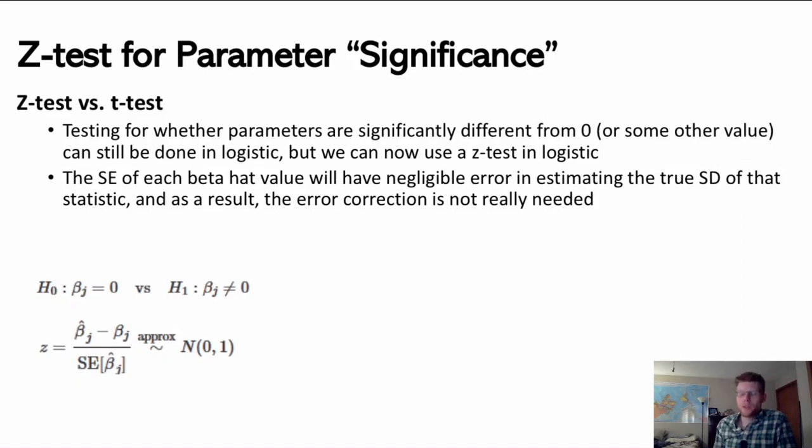The reason we're calling this a z-test is because this statistic can be approximated by a normal distribution, and we can call it a z-score because our estimate for the standard deviation of beta hat is pretty precise, because we're working with proportions data rather than continuous measurable data in the response.